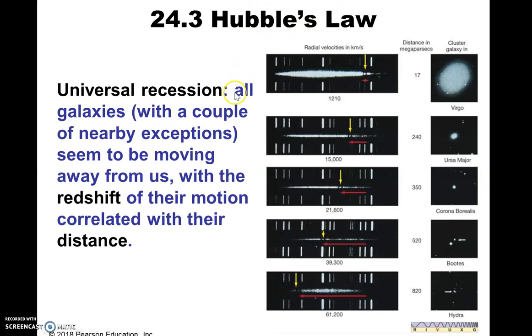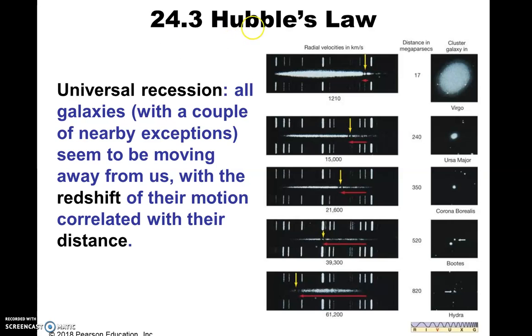There are just a handful of exceptions, for example Andromeda. Andromeda doesn't follow this just because it is relatively close. This is true for all the galaxies except a couple that happen to be really close to us. This is what's called the recession velocity.